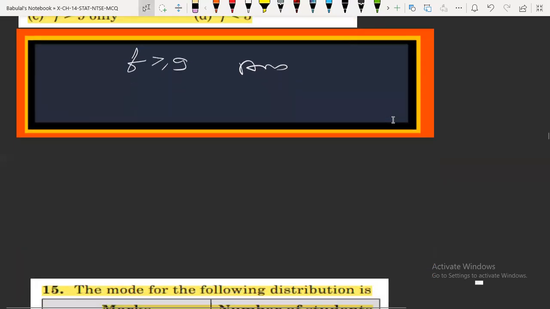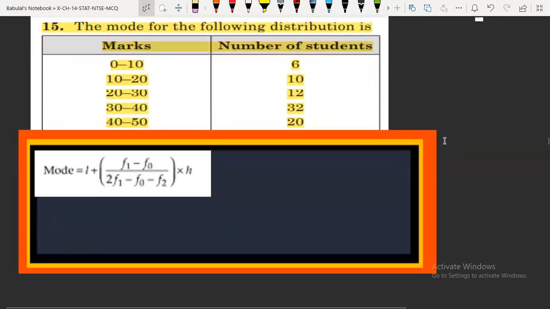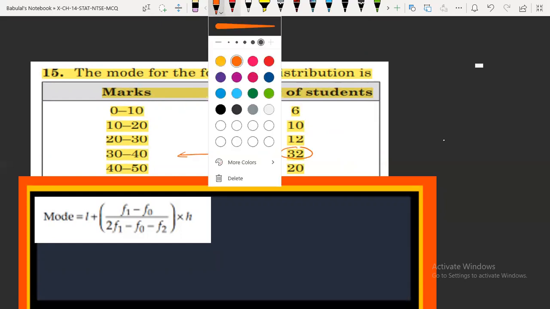9. Now we come to question number 15. In this question, the question is: what is the mode of the given frequency distribution? Here, student, we check. The highest frequency is 32 and its corresponding class interval is 30 to 40.